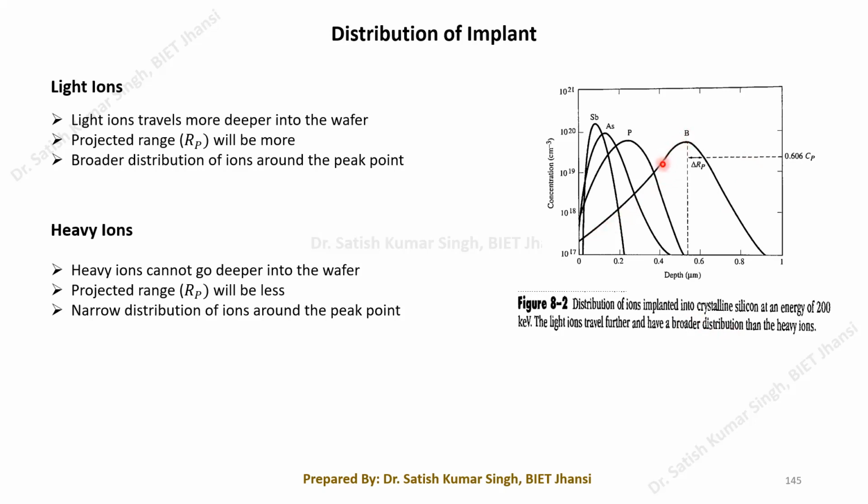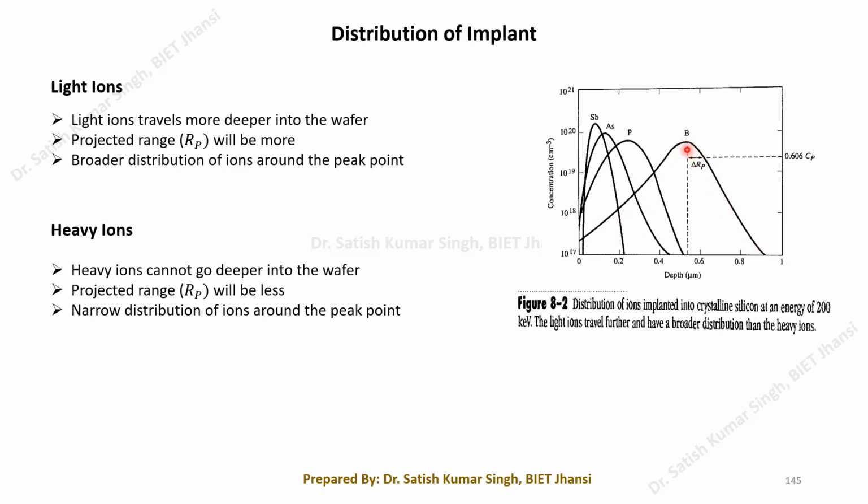If you see the atomic masses of boron, phosphorus, arsenic, and antimony, you will find that boron has the least atomic mass and antimony is the heaviest. So if the ion beam is lighter, it will travel deeper into the material.